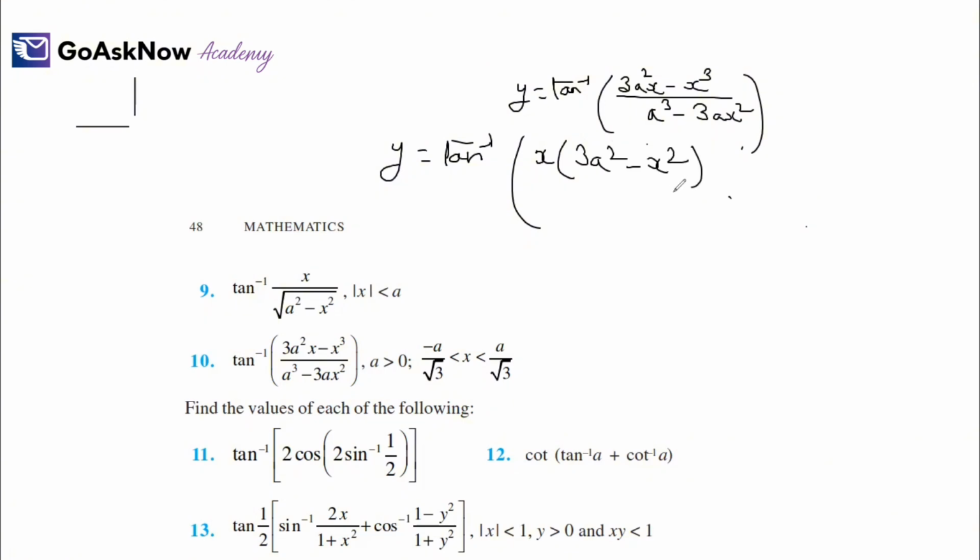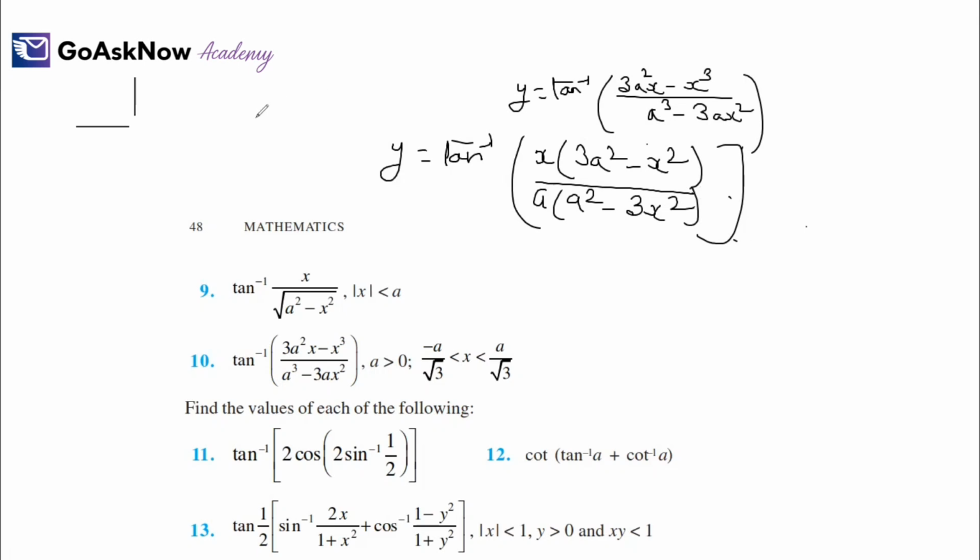Okay, inside this. And in the denominator part, what will be remaining? Like you take a common, so here it will become a square minus 3 x square. Okay, like this. So you have like these terms inside of tan inverse. Okay. So what can you do now?